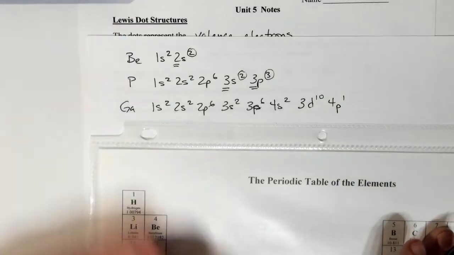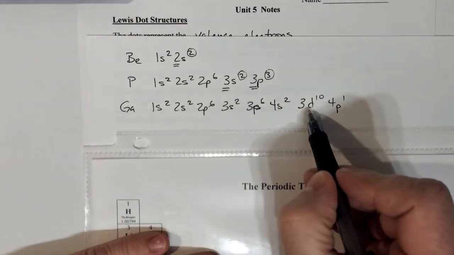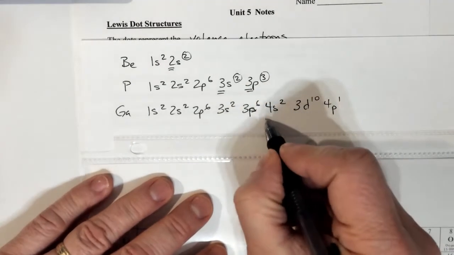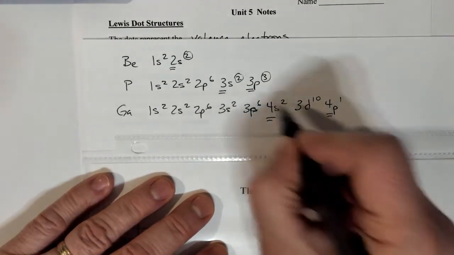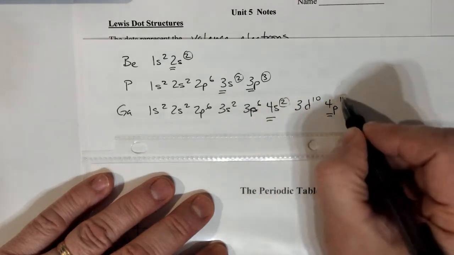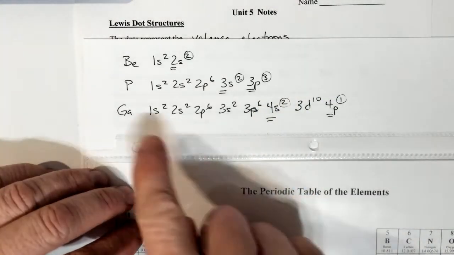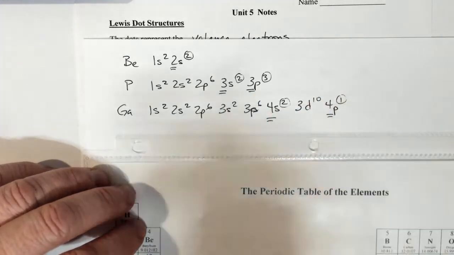And even though I've actually got a D in here, it does not count towards the valence shell because my highest number is 4. And so I would have 3 electrons in the 4th energy level. So gallium has 3 valence electrons.